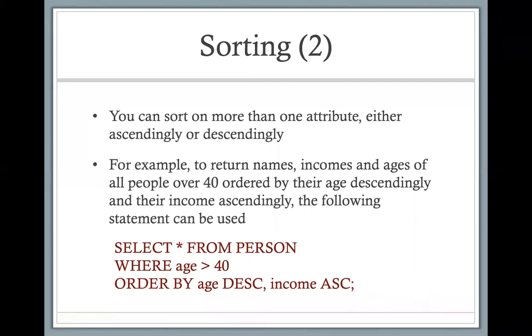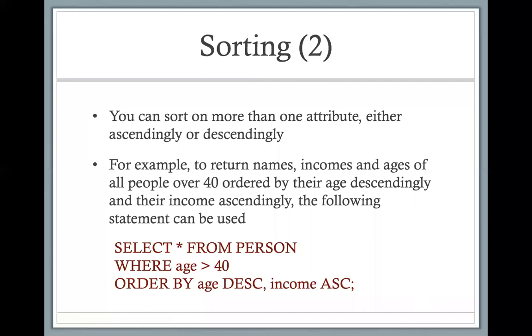The following statement can be used. Select the asterisk from person where age is greater than 40. So select all the people who have age greater than 40, and then order by age descendingly, comma, income ascending. So I can have multiple attributes ordered by multiple attributes. First of all, what does it mean, select star from person?